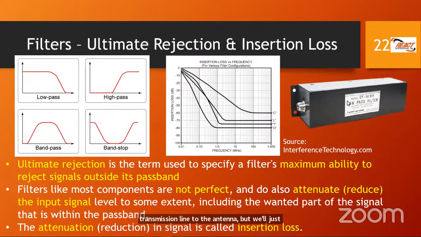So when we put these filters in, there's some loss associated with it, or some attenuation, right? And it also depends on the frequency in use. The term that we use to describe that loss, or that reduction in the signal as it passes through our filter, is called the insertion loss.